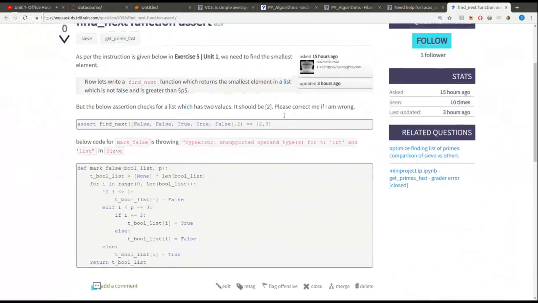The below assertion checks for a list which has 2 values.